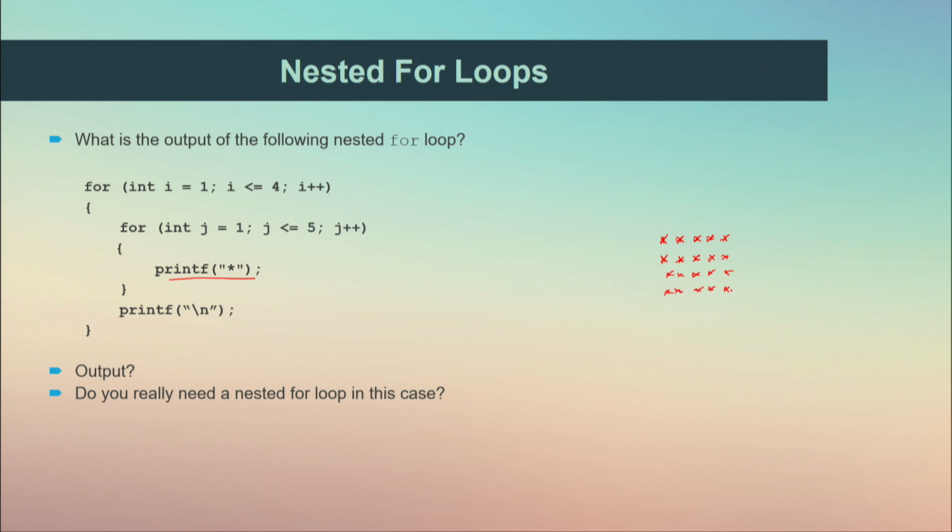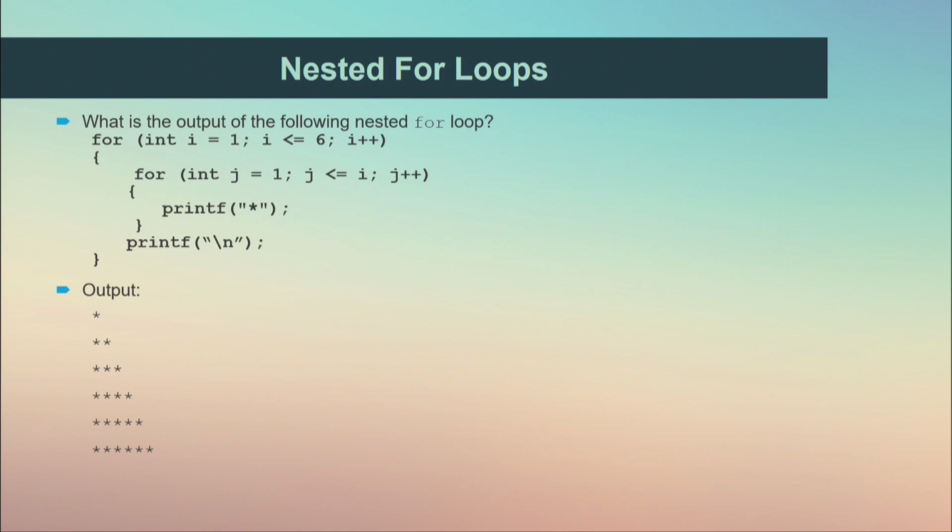So, totally we need to have 20 stars displayed. So, for displaying continuous 20 stars, we do not need a nested for loop at all, because the operation of both the for loops is the same. So, here we do not require a nested for loop at all.